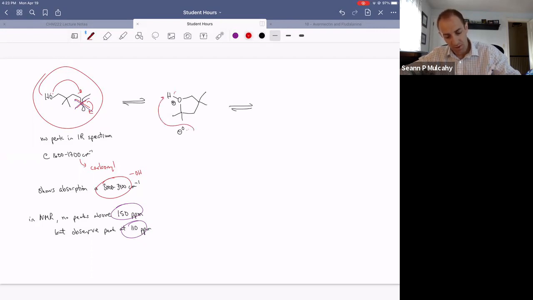Or it's not really gemdiol, it's actually a hemiacetal. Okay, and then this carbon would have a signal in the C13 NMR spectrum at 110 because it's bound to two oxygen atoms.